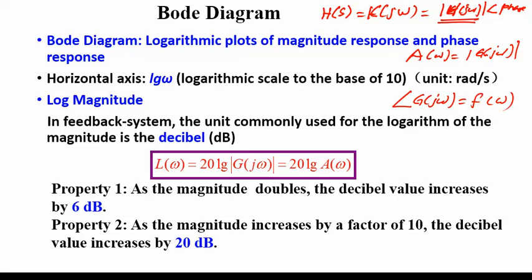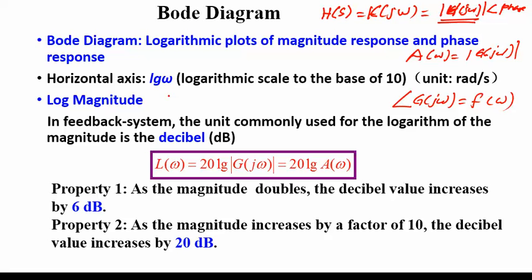Okay, and Bode came and said, let us take the 20 log of the magnitude, and this is what it does. Basically, if you have a transfer function composed of different terms, now instead of doing multiplication and division, I do only addition and subtraction.